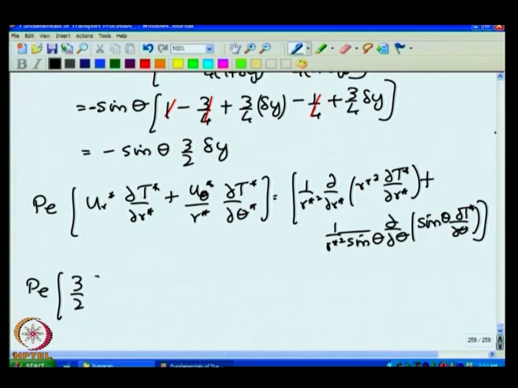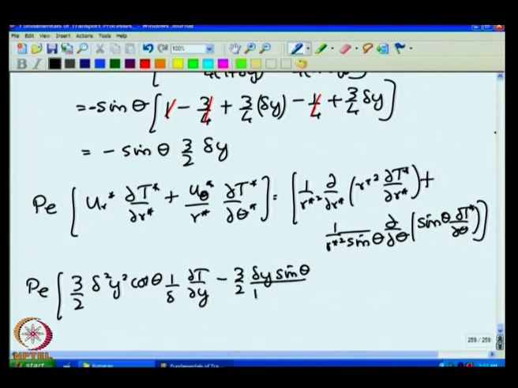3 by 2 delta square y square cos theta, into partial T by partial r, which is 1 over delta partial T by partial y, plus u theta, which is minus 3 by 2 delta y sin theta, by r, which is 1 plus delta y, times partial T by partial theta.